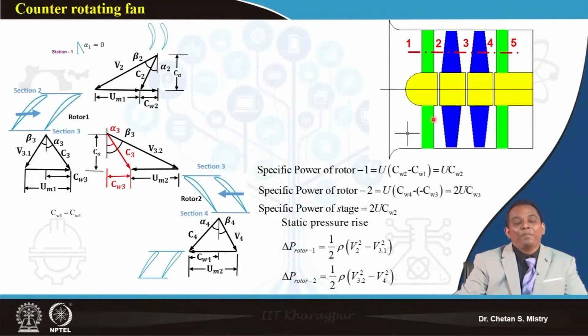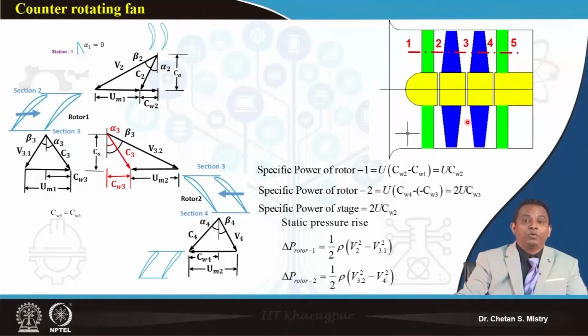Eliminating the stator between the two rotors reduces the length of my engine and also its weight, for aero engine applications. So it reduces the length and the weight of the engine, which improves the fuel economy.